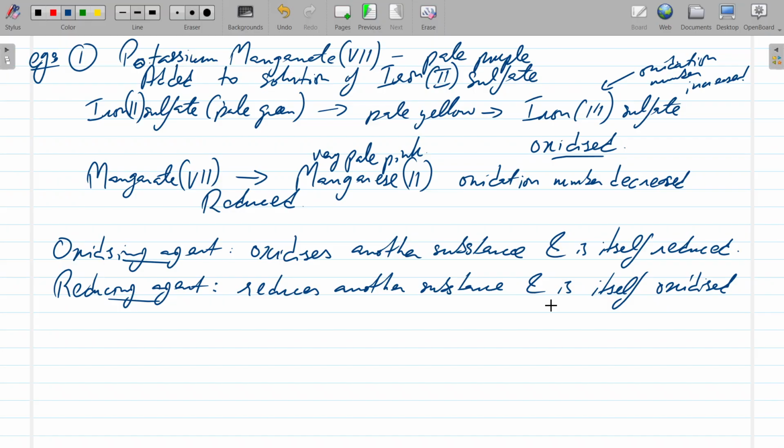Also read the examples of the oxidation-reduction reactions given in the text. I've discussed one of them. There are two more given, so read those and see if they make sense too. We will continue with covalent bonding in the next class, inshallah.